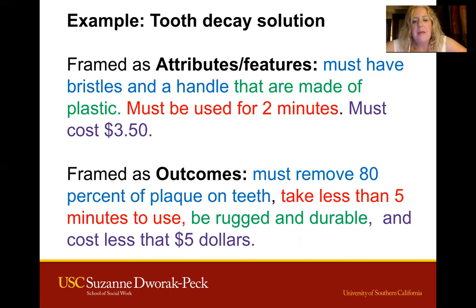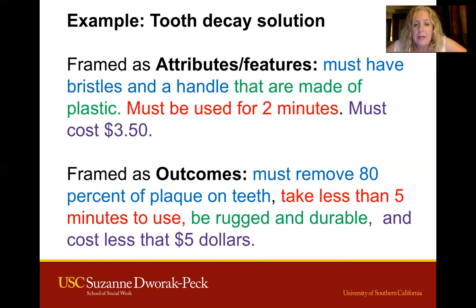But when we think about framing it as an outcome, we start to focus on a different element. We begin to think about what it must accomplish, and that is really removing plaque from teeth. So maybe we set a specific metric that it must remove 80% of the plaque on your teeth. We might also open it up for innovation by saying it needs to take less than 5 minutes to use. Maybe we're willing to allow for more than 2 minutes, but 5 is the upper end of that spectrum.